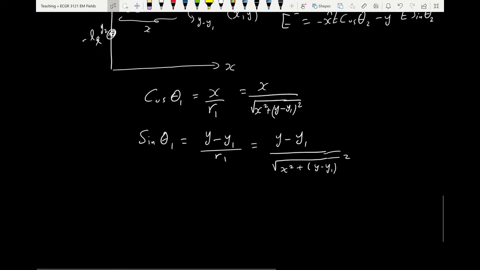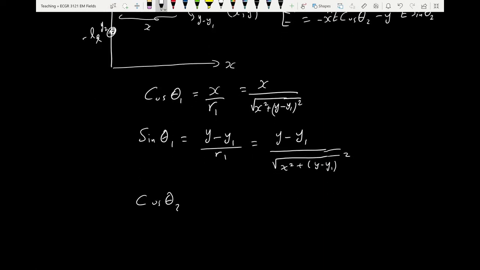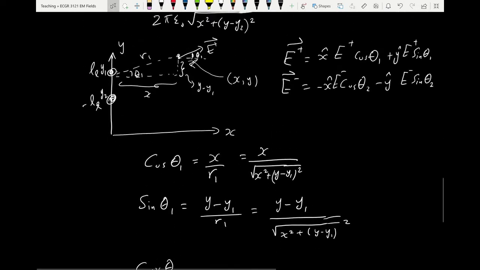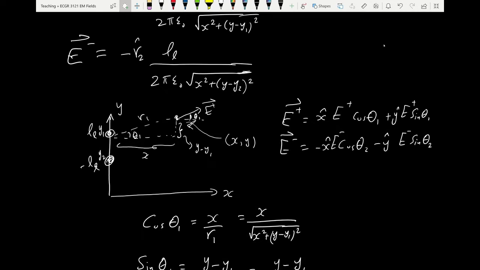So now what remains is finding cosine theta 2 and sine theta 2. Right, so we already know the magnitudes, E plus and E minus. To write the vectorial equation for E plus and E minus, we need to find the cosines and the sines, right? So cosine theta 2, I can find the same way.